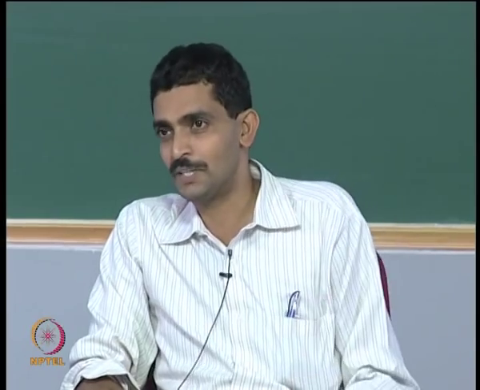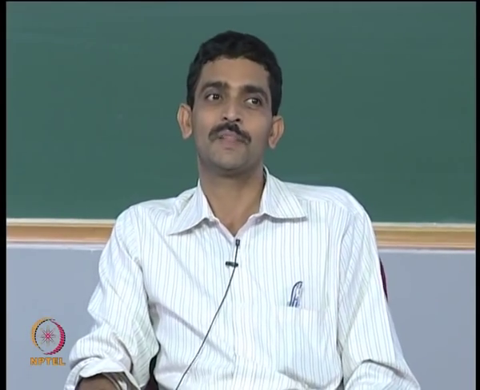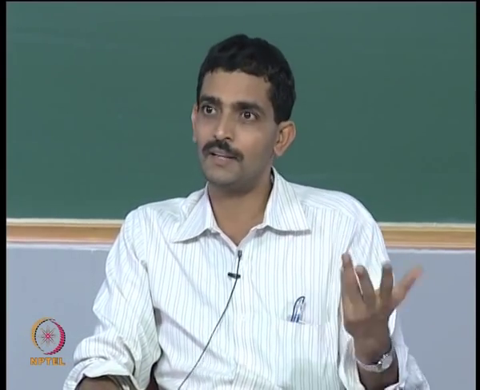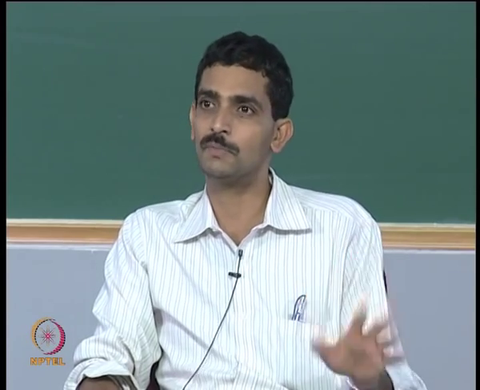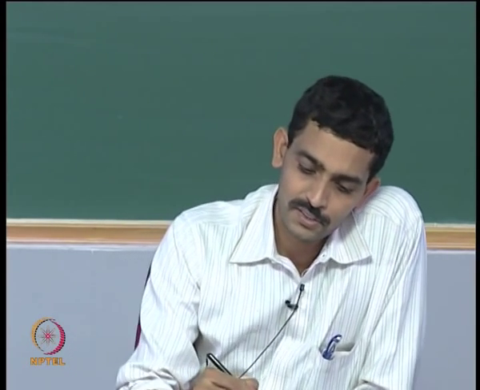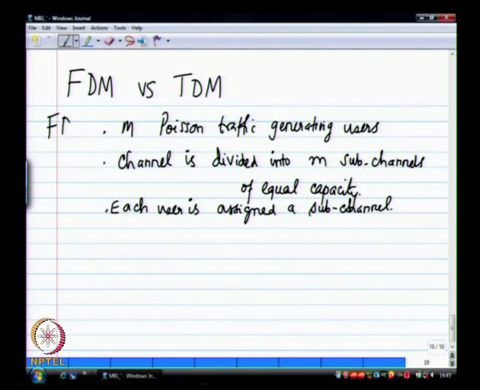That is the next step. Initially it was simply FDM or TDM. Then of course CDMA came along, Qualcomm. That is a different thing. You use the whole spectrum, but you use codes to let users send simultaneously while differentiating them. You still have complete access to the entire spectrum. So this is our FDM definition.